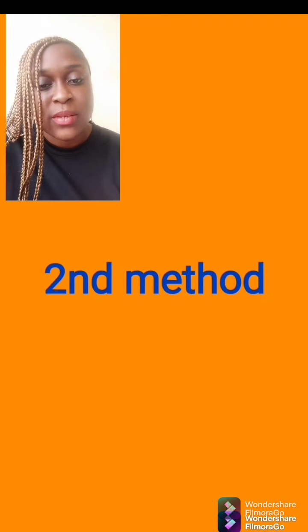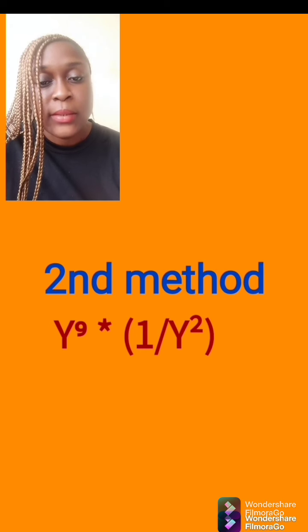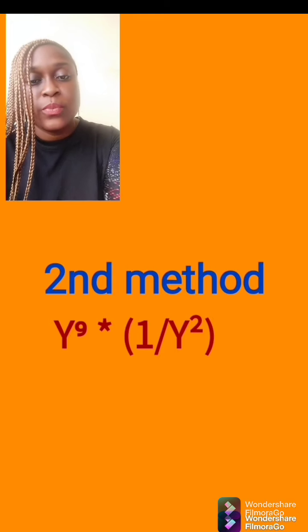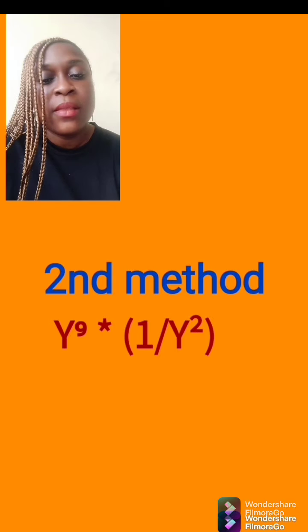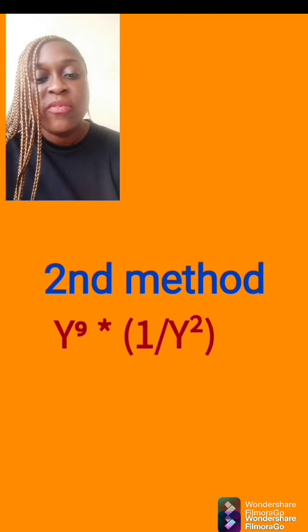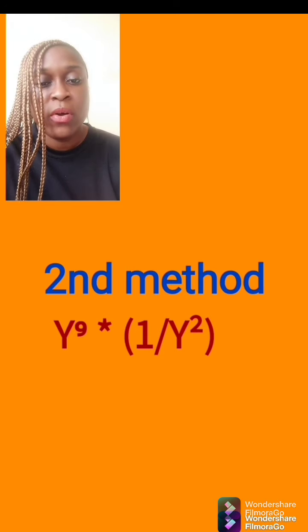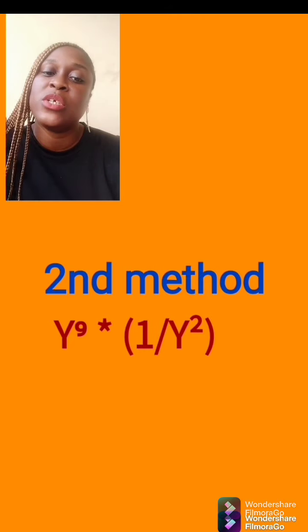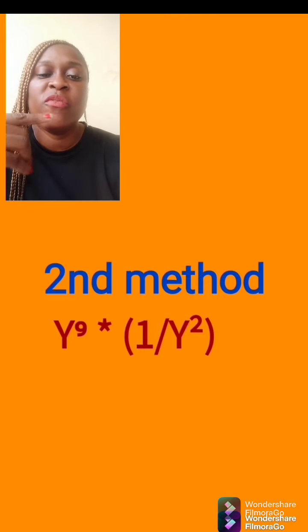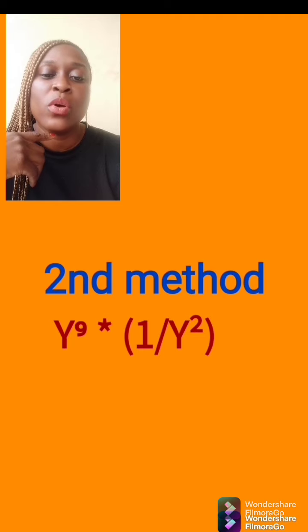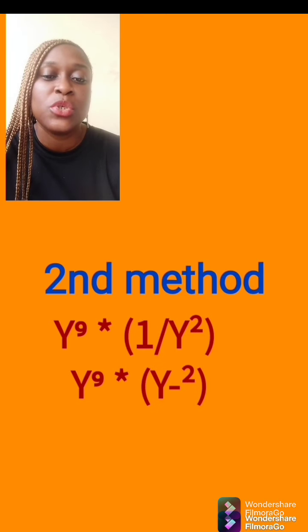Now the second method: y raised to power 9 times 1 all over y raised to power 2. And remember what I said at the beginning, that if you flip over the fraction, the power changes. So if we flip over 1 over y raised to power 2, we're going to have y raised to power minus 2.